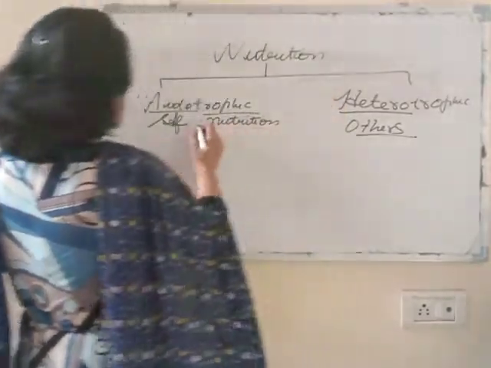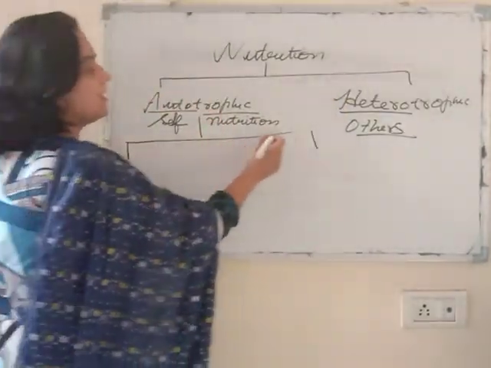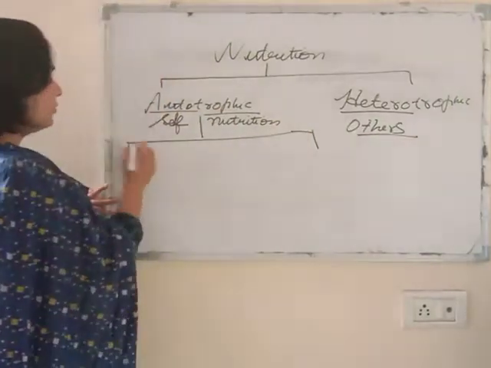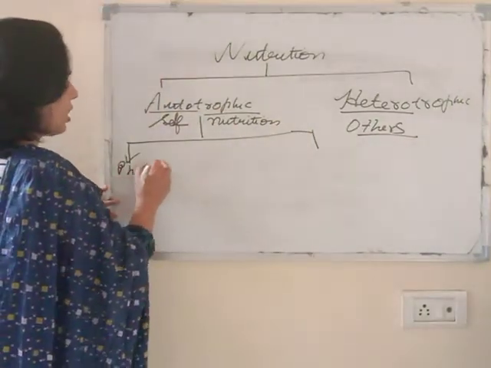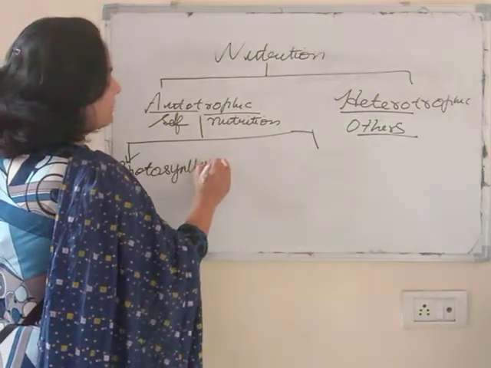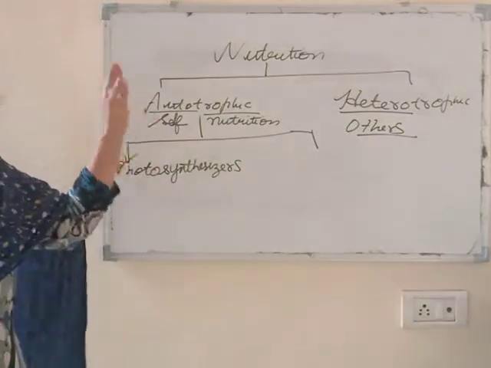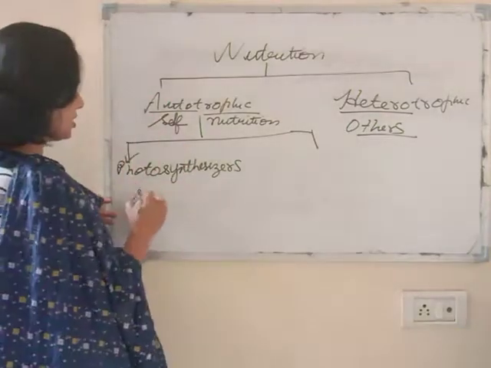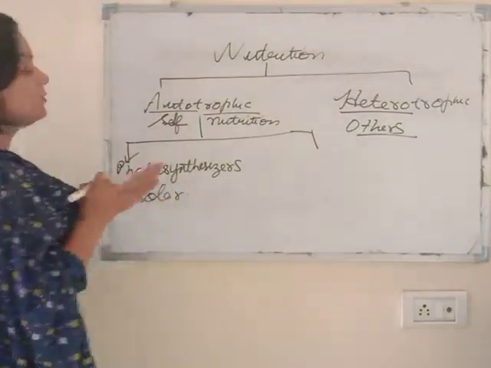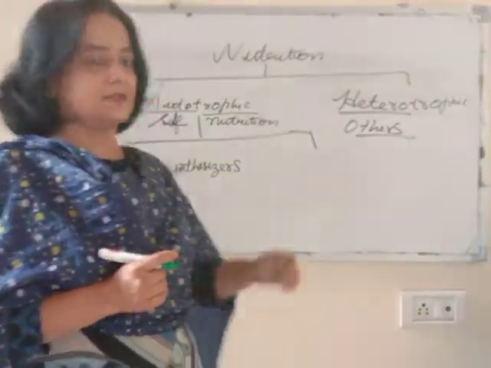Now, autotrophic nutrition is further classified into two types. One is photoautotrophs, also called photosynthesizers. Organisms which use solar radiation to prepare their own food are called photoautotrophs or photosynthesizers.